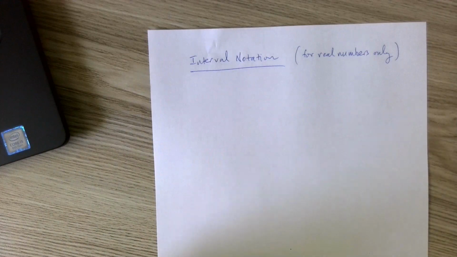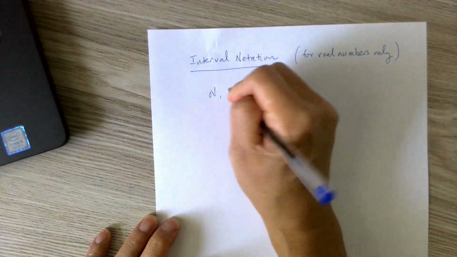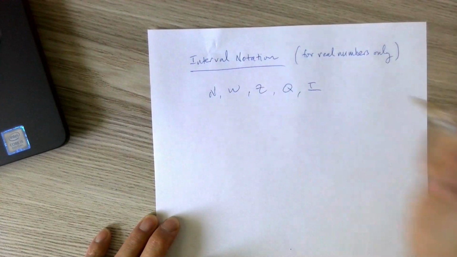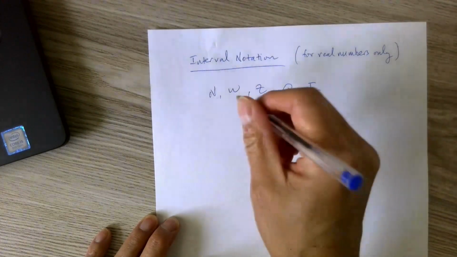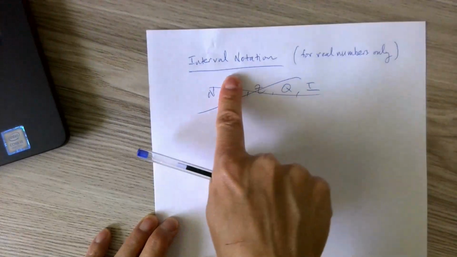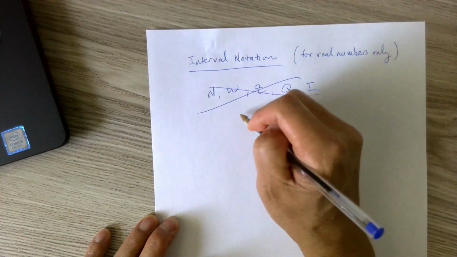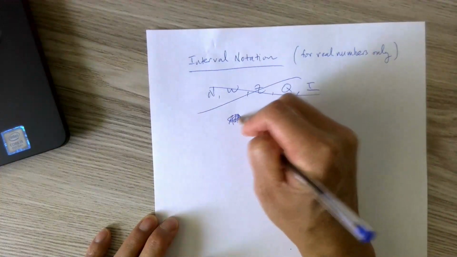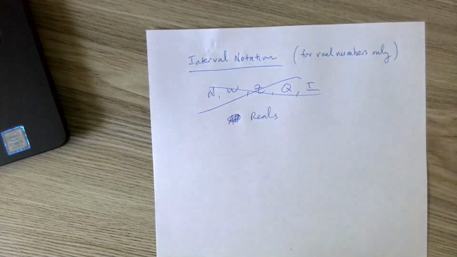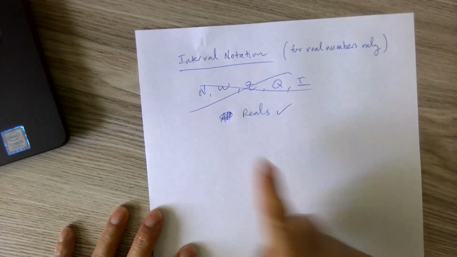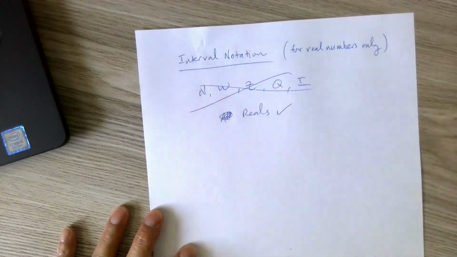If you're only talking about naturals, only wholes, only integers, or only irrationals, you can't use interval notation to describe any of these sets. But if you're describing reals, which includes all of these, then yes, you can use interval notation.